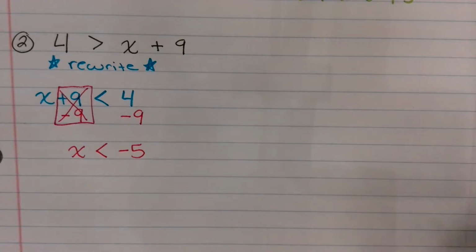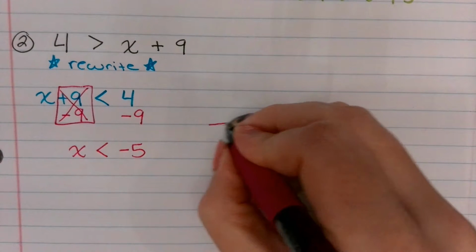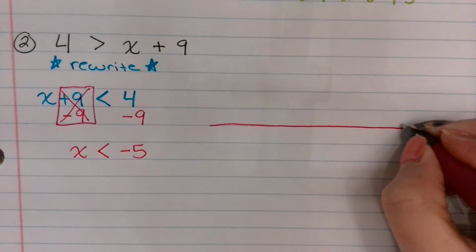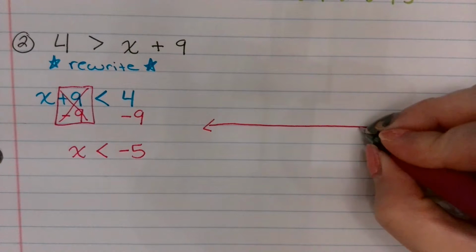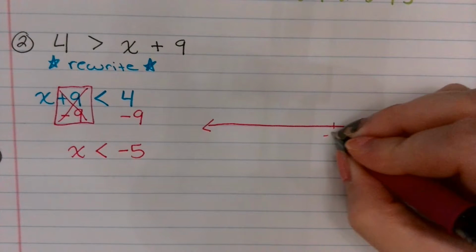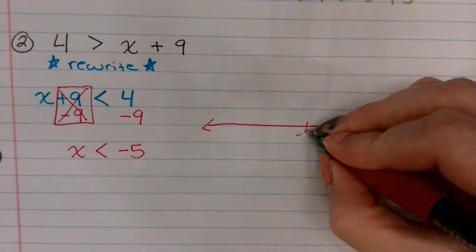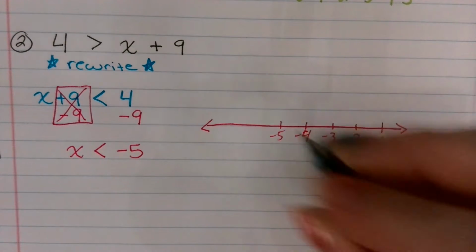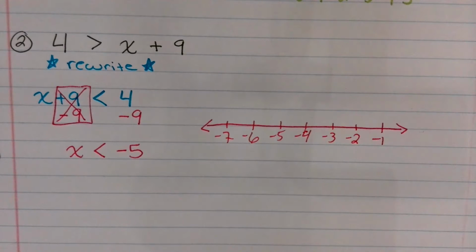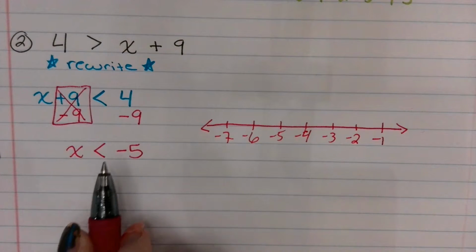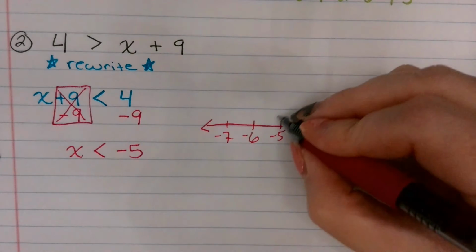Okay, so then if we were to go ahead and graph that, if I draw myself a little number line, maybe we'll have a negative 1, negative 2, negative 3, negative 4, negative 5, negative 6, negative 7. Okay, so I know that my number has to start at negative 5.